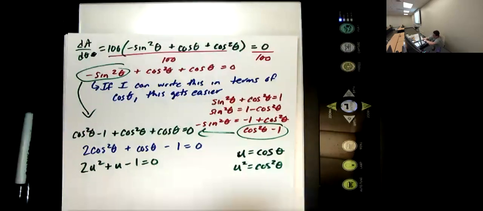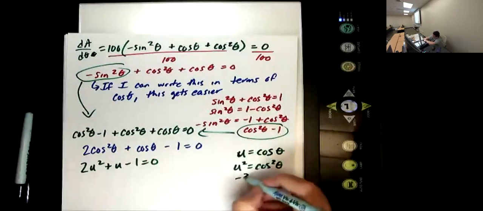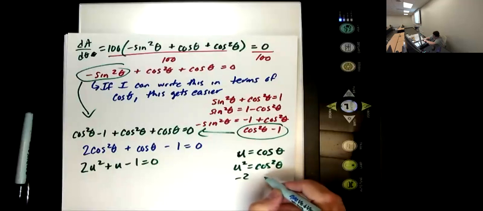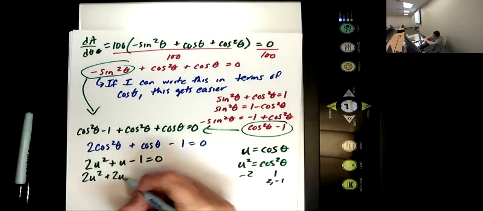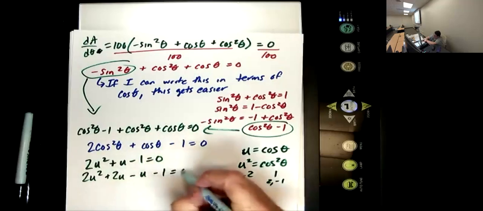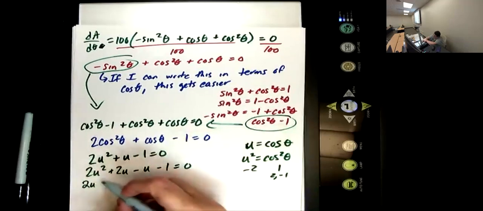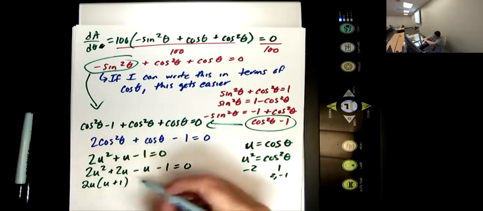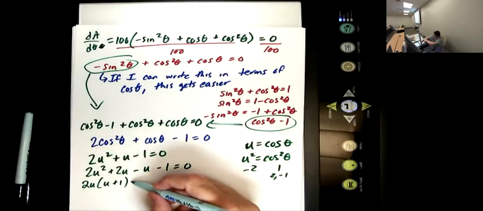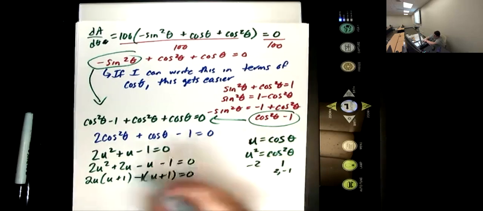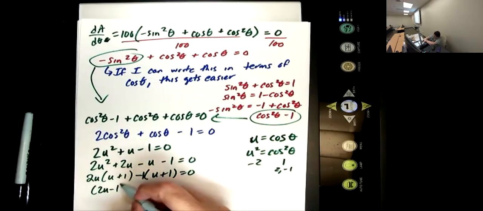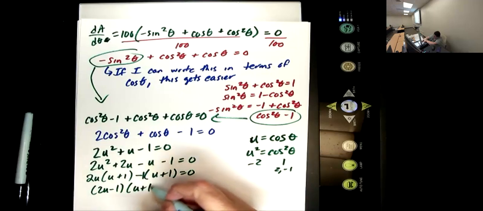This factors: it needs to multiply to -2 and add to 1, so 2 and -1. 2u squared plus 2u minus u minus 1 equals 0. I got 2u times u plus 1 minus 1 times u plus 1. I get 2u minus 1 times u plus 1 equals 0.